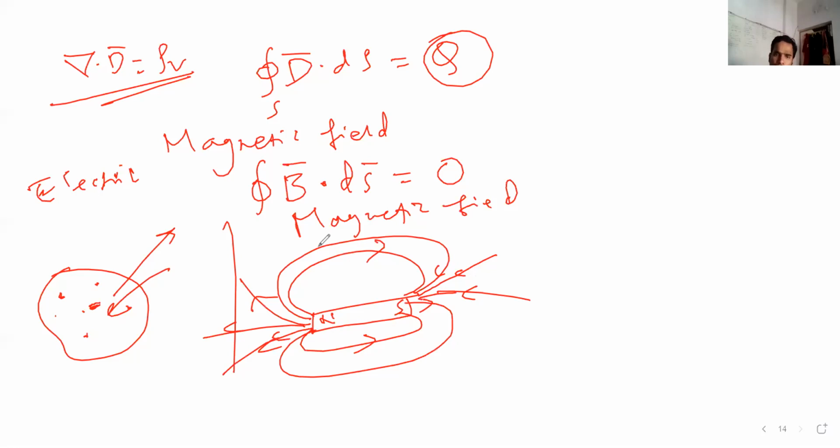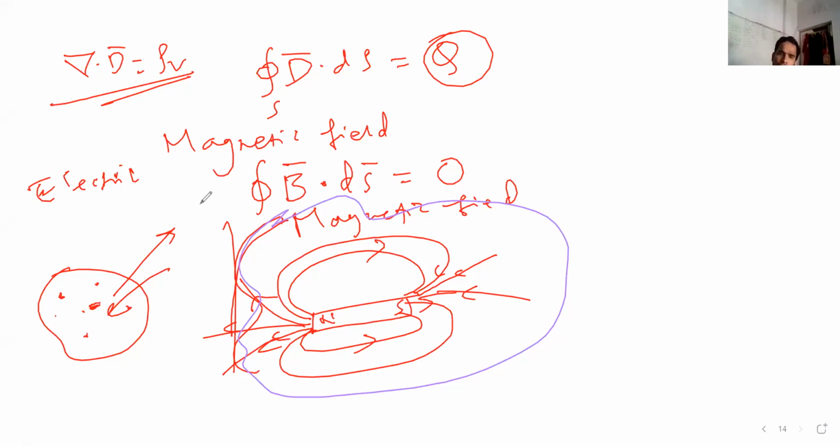So if you enclose this in a closed surface, what will be the net flux?